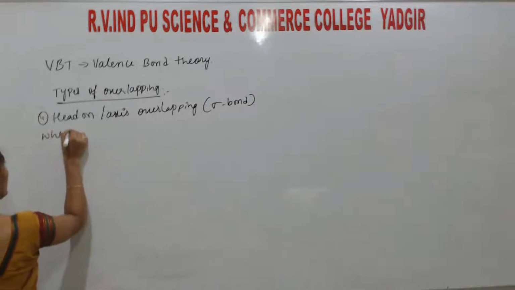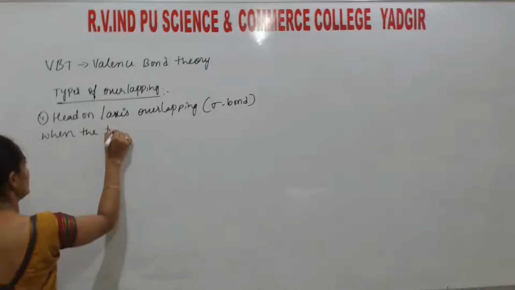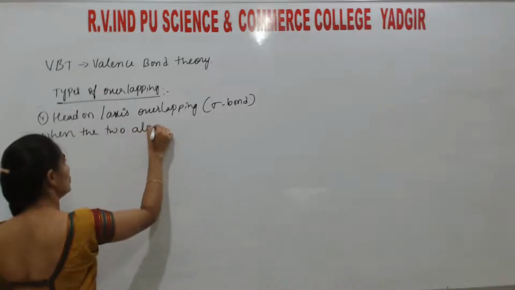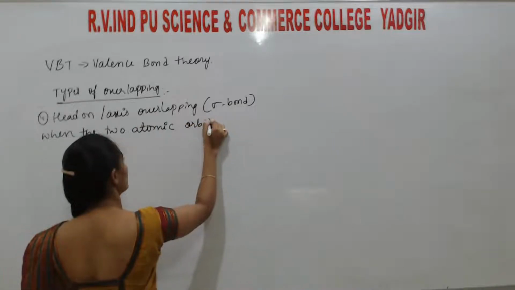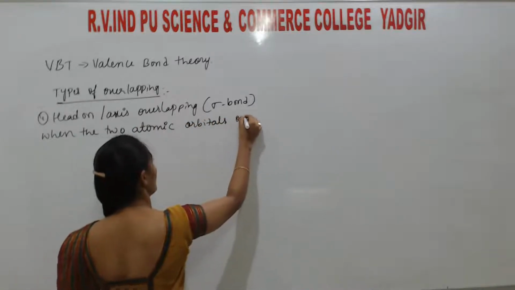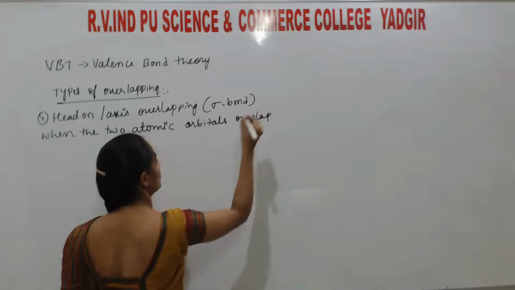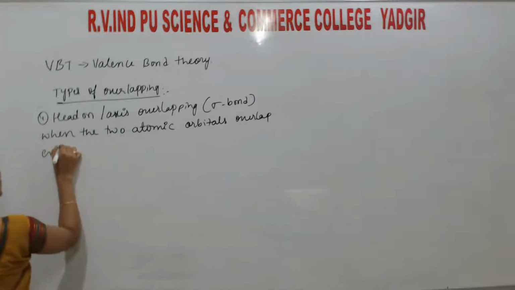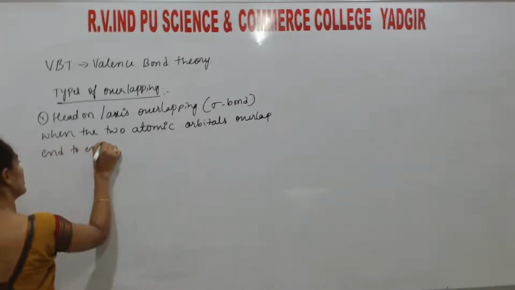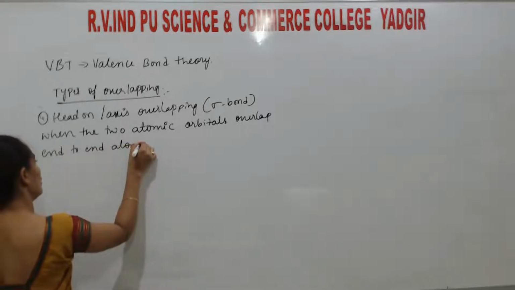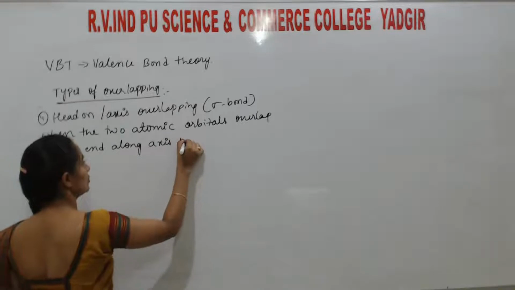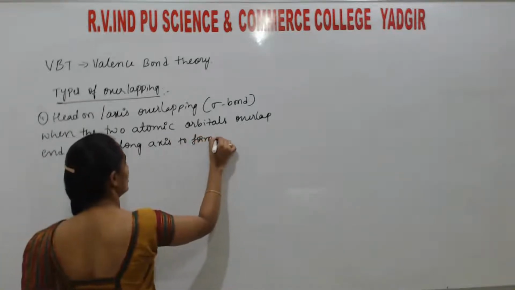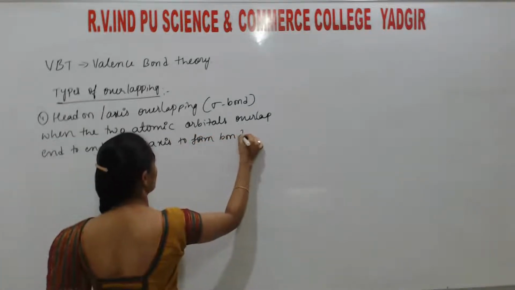So right here, one bond: two atomic orbitals overlap end to end along the axis to form a bond.